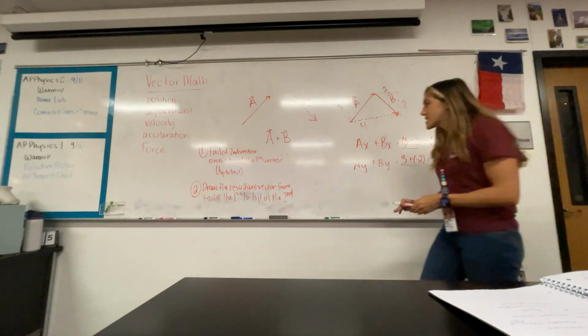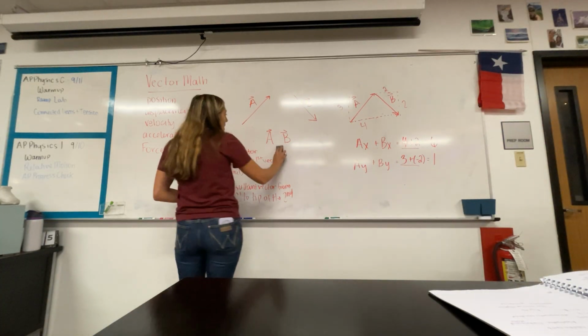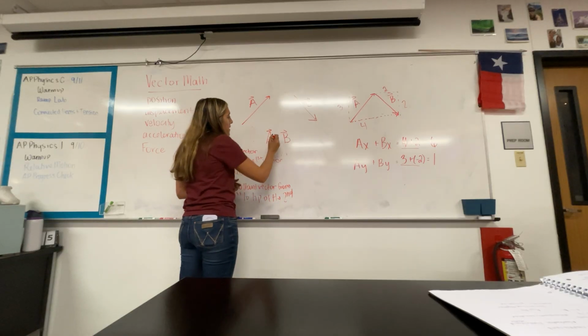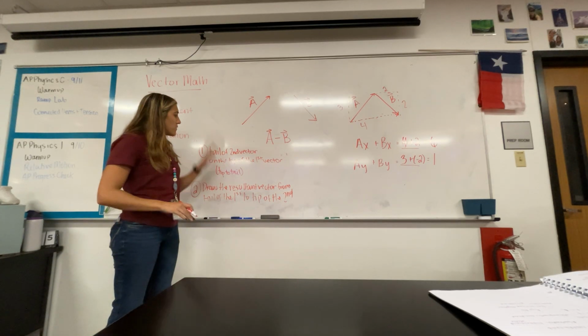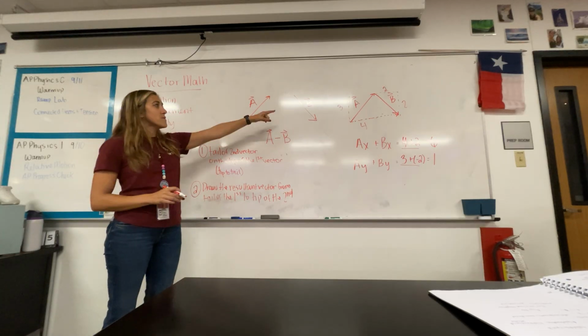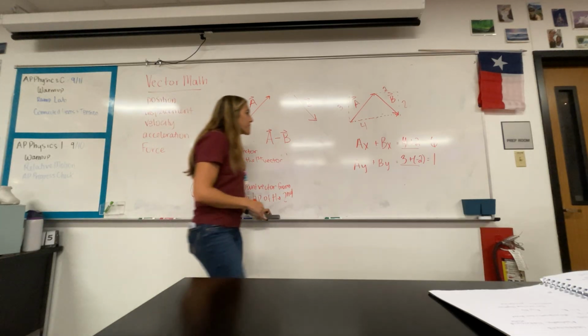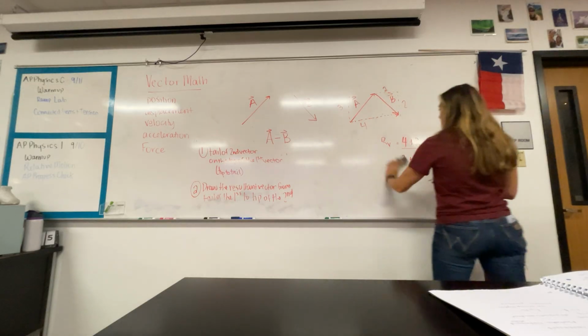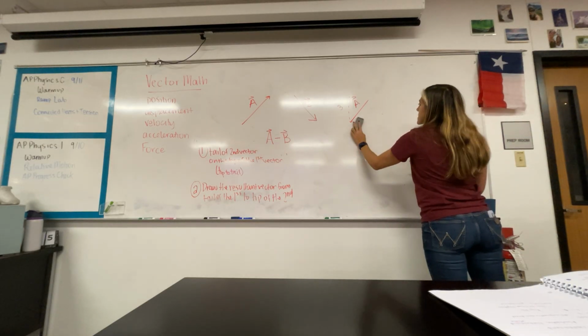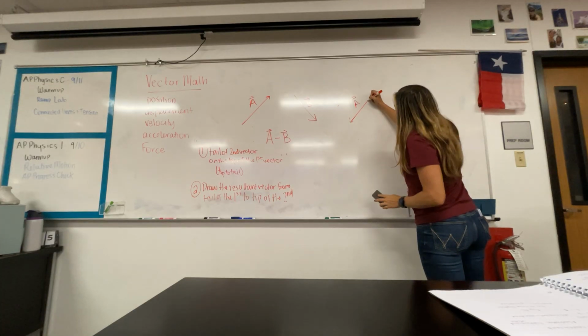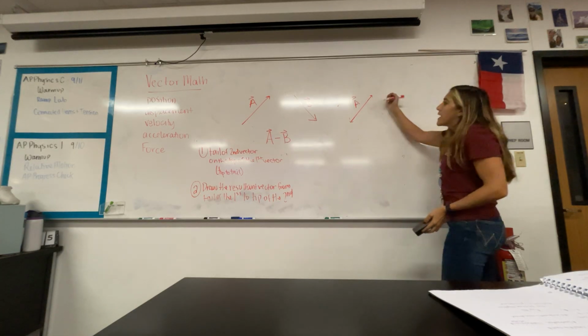What if I'm subtracting? Oh no, what if I'm subtracting? What if I want to do A minus B? Simple, we follow all the same steps. All we're going to do is take B and flip it around. So A stays the exact same. And B we're going to flip.